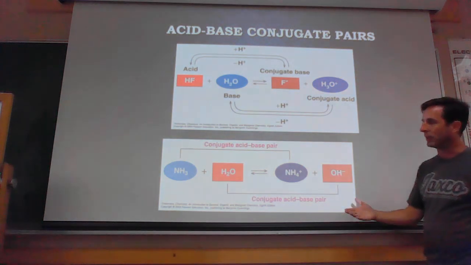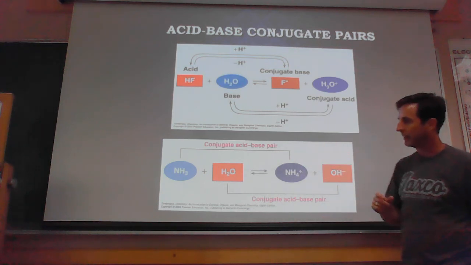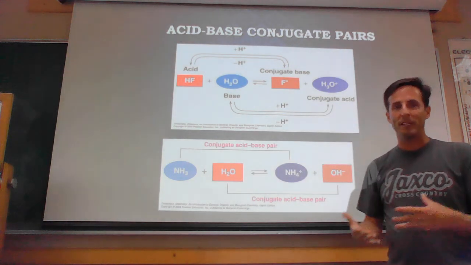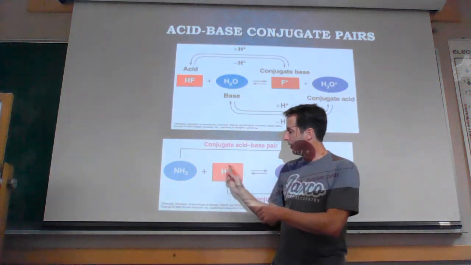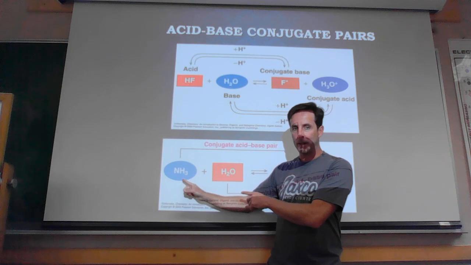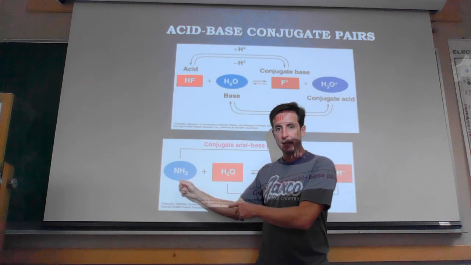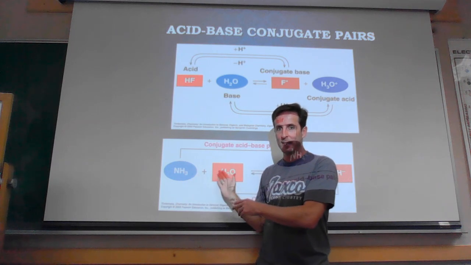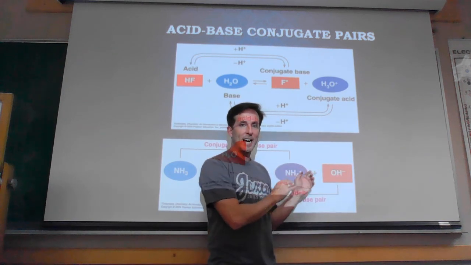So if I look at this one, again, ammonia plus water yields the ammonium ion plus hydroxide. If I said label the acid-base pairs, you look at your reactants and say, okay, the water is going to give a hydrogen to ammonia. So water is the acid, ammonia is the base. Okay, label that first. The acid and the base are always on the left side. On the right side, I have conjugates.